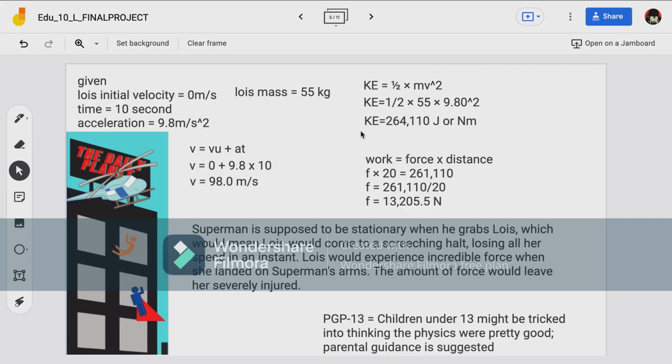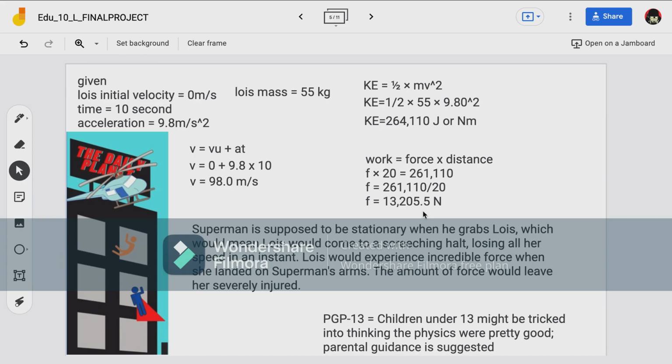So the force times 20 equals 261110, and we move the 20 to the right, so F equals 261110 divided by 20. That equals a force of 13,205.5 newtons.